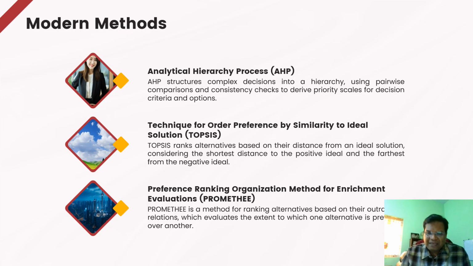In this method we have to consider one-to-one comparison, like which parameter or criteria is more important than the other. On that basis we'll do the consistency check among the different experts to derive priority scales for decision criteria and options. Here options may be our different types of alternatives.